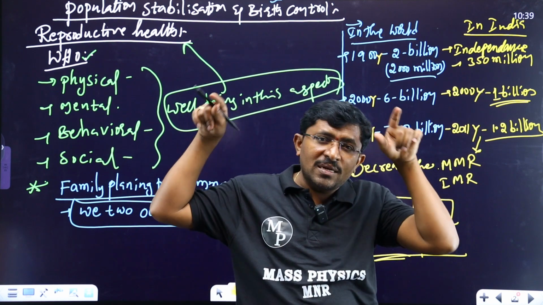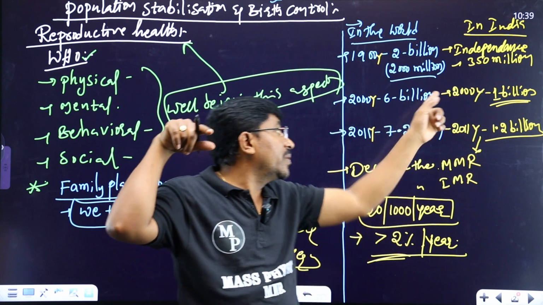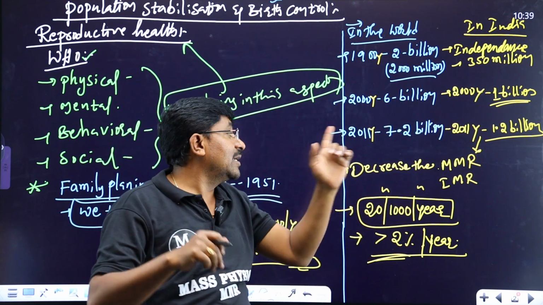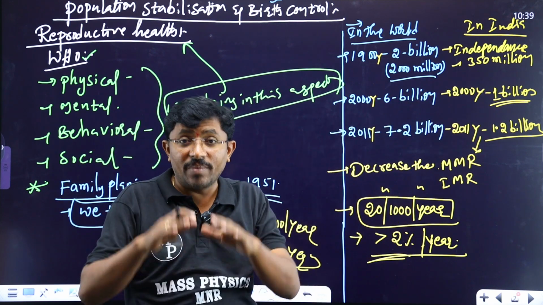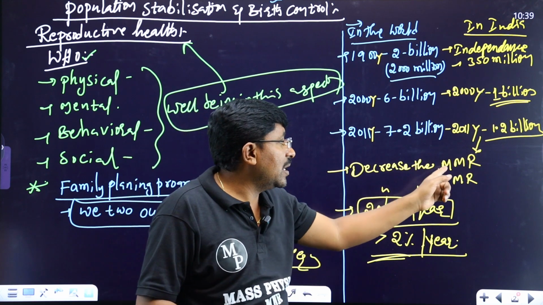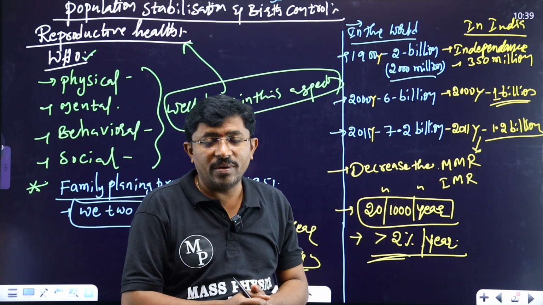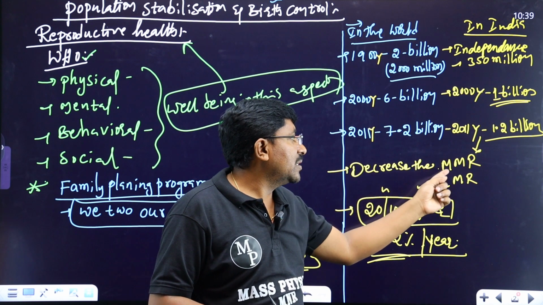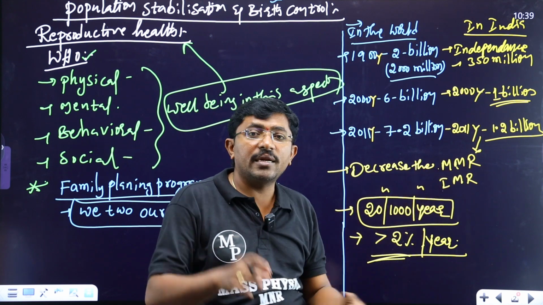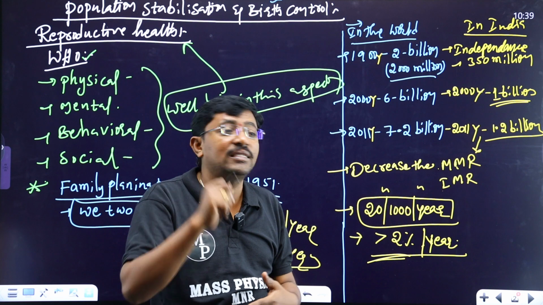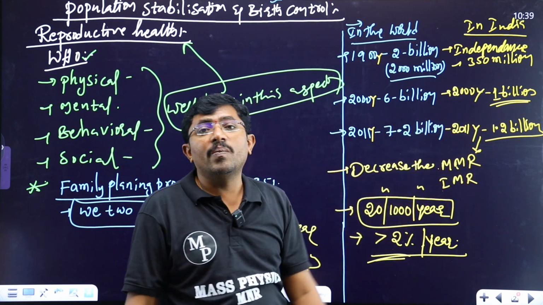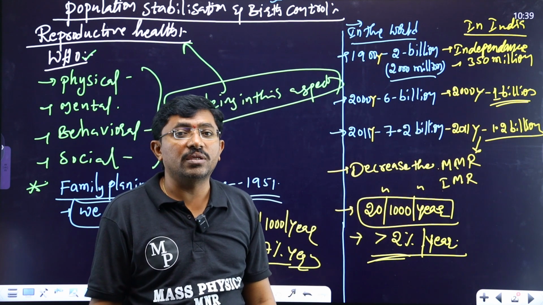So what is the reason for this much increase in population? By decreasing the death rate, the death rate of mothers as well as infant babies. Maternal mortality rate and infant mortality rates decreased. That is the reason for the increase in population growth rate.